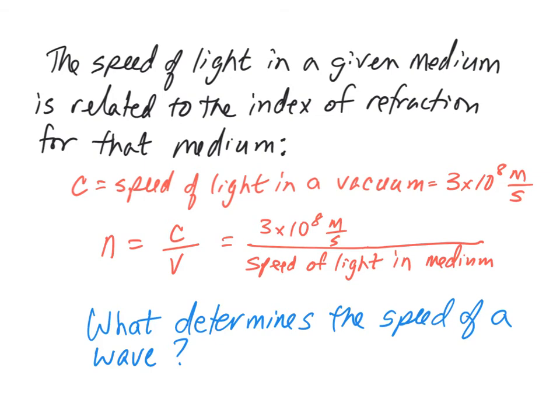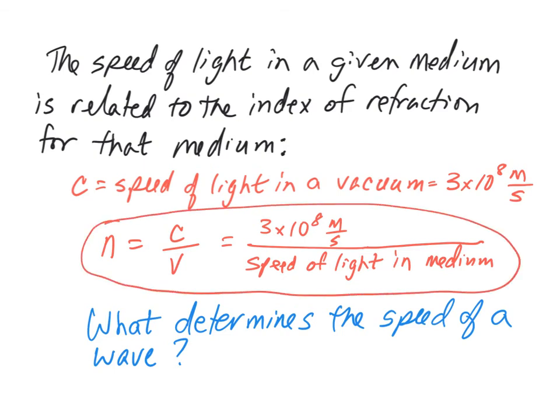A couple things I want to remind you of about the behavior of waves in general, not just light waves, but any waves. The speed of light in a given medium is related to the index of refraction for that medium. This is something that we talked about in the last unit, on refraction.